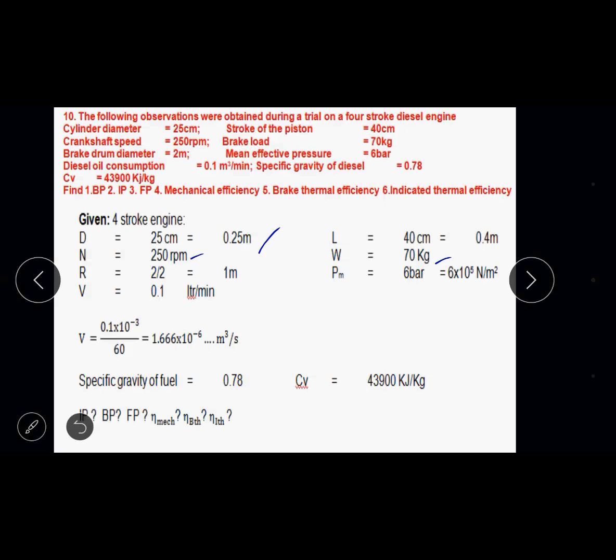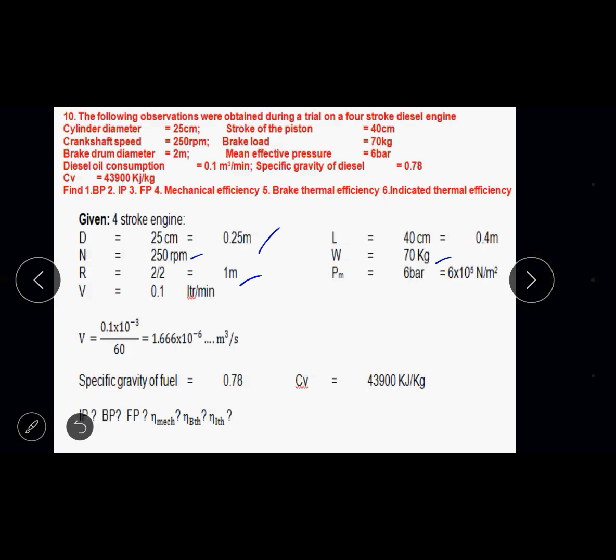There is no spring load given over here, so spring load will be 0. Then brake drum diameter is given. Again here there is no rope diameter given, so rope diameter will be taken as 0. So capital R is the radius of the brake drum, so it is 2 by 2, which is 1 meter.